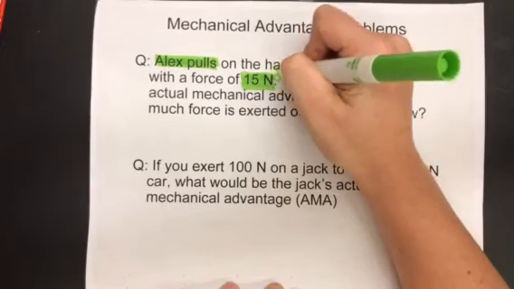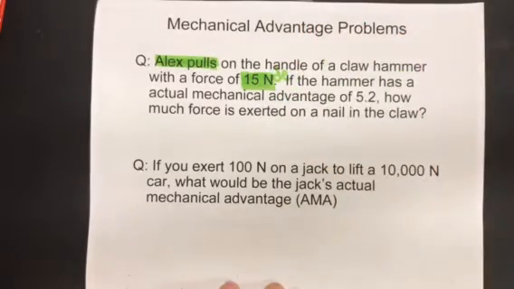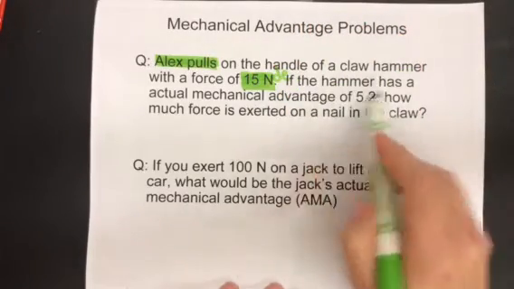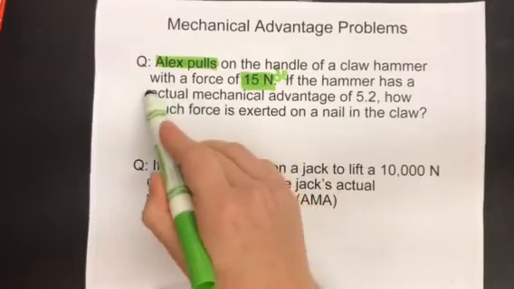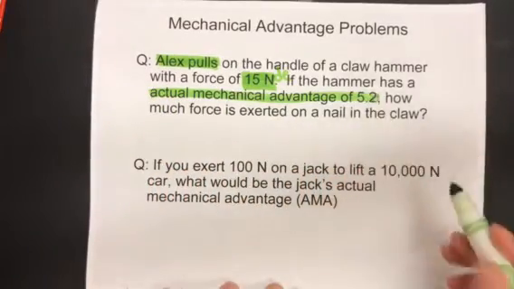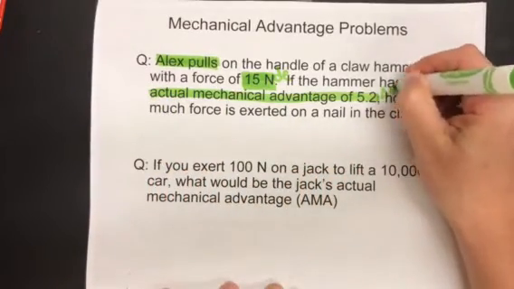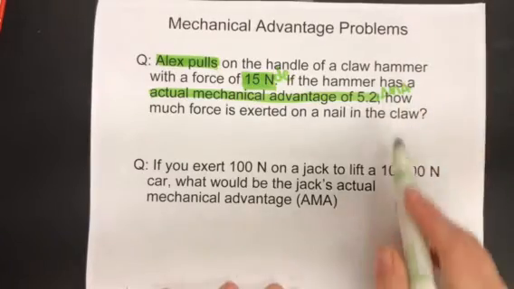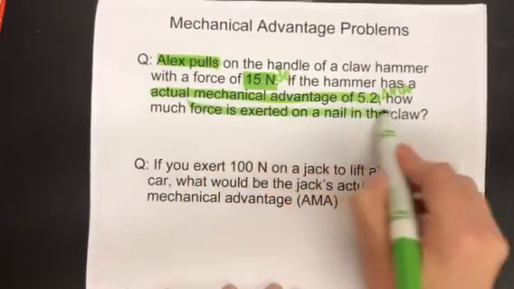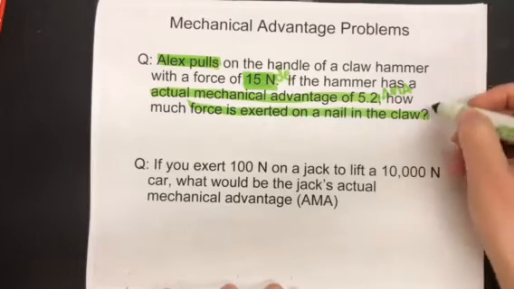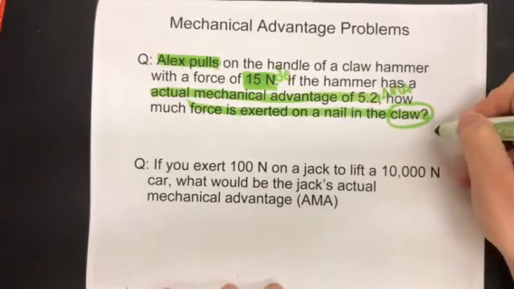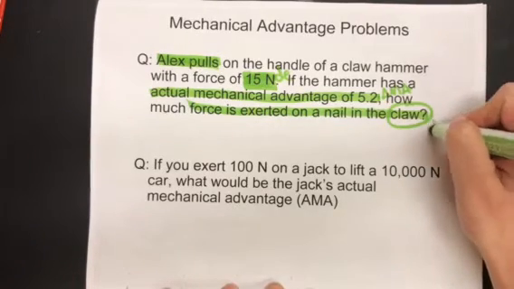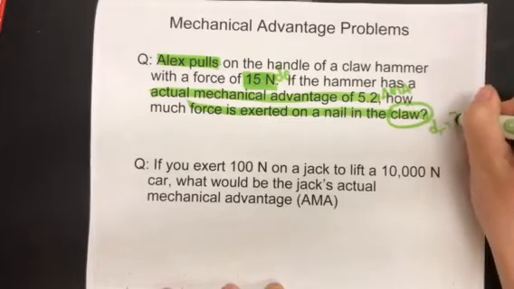So this is your FE. That is what the person is doing. If the hammer has an actual mechanical advantage of 5.2, that means 5.2 is your AMA. And it's asking how much force is exerted on the nail in the claw. So it's asking about the claw, which is the machine. So you're looking for the FR.